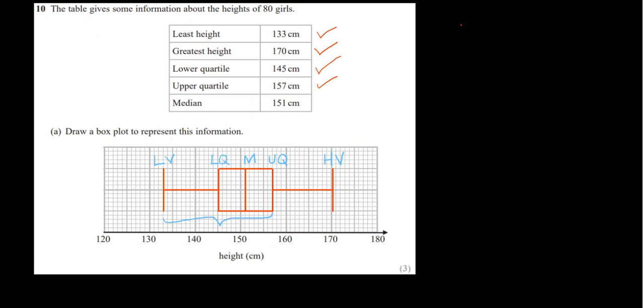Okay, so the upper quartile, which is this bit, so the distance from the upper quartile to the highest value is your top 25%. So the distance from 133 to 157 is your bottom 75%.